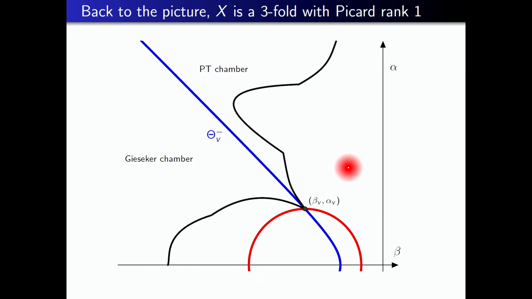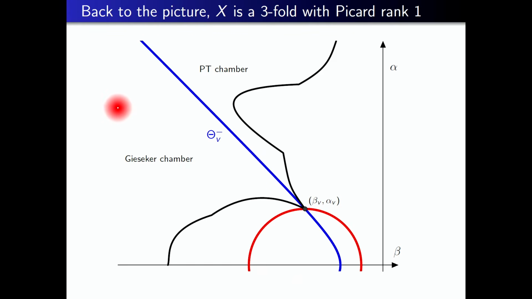So there might be more chambers in this region, more chambers below here. But there are these two big unbounded chambers that I'm calling here the Gieseker chamber and the PT chamber, right?